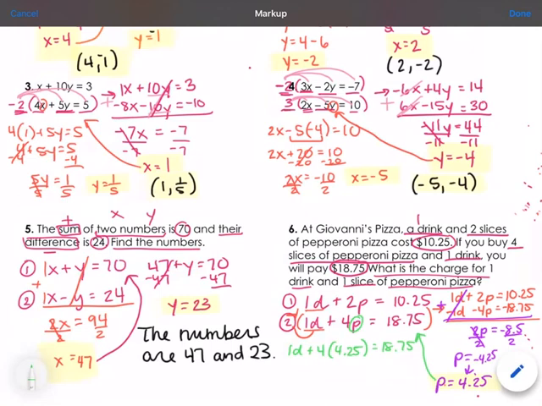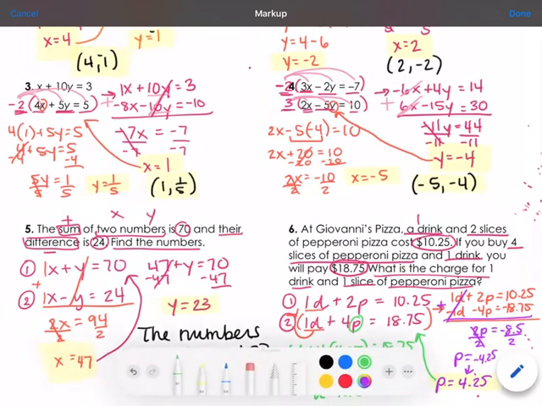So I need to multiply 4 times 4.25, and I get 17. So d plus 17 equals 18.75. If I subtract 17 from both sides, I get d equals 18.75 minus 17, which is 1.75, or $1.75.